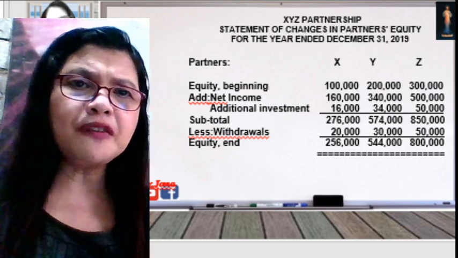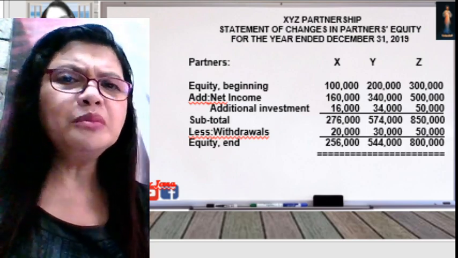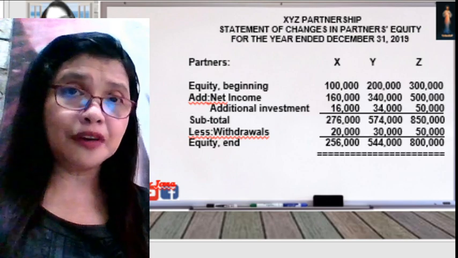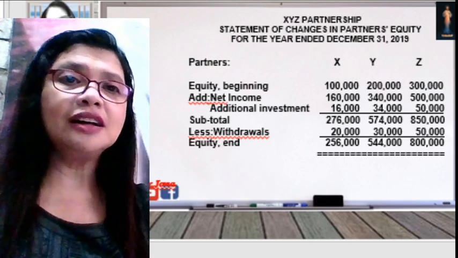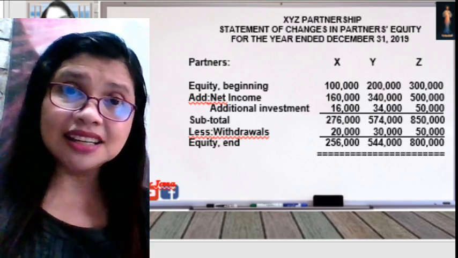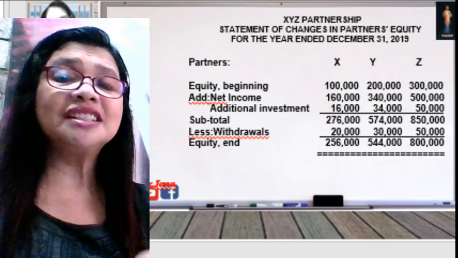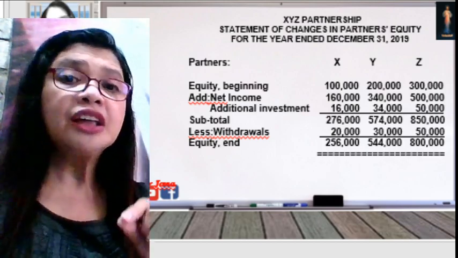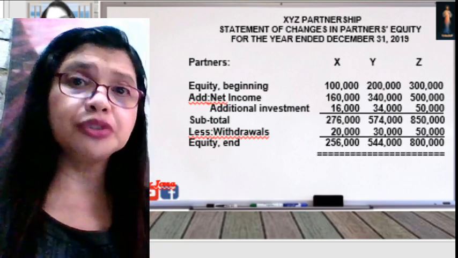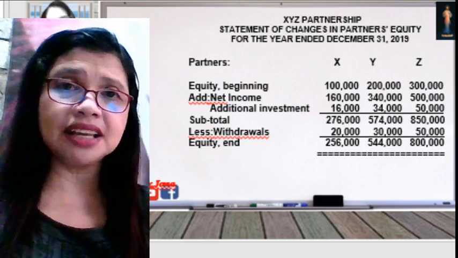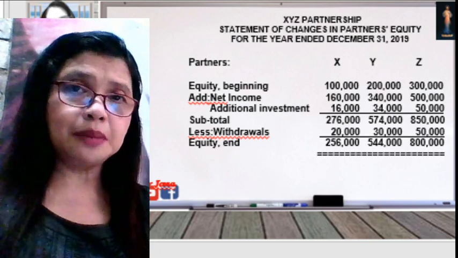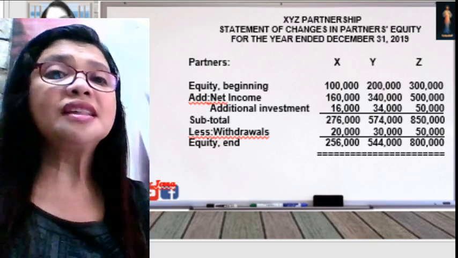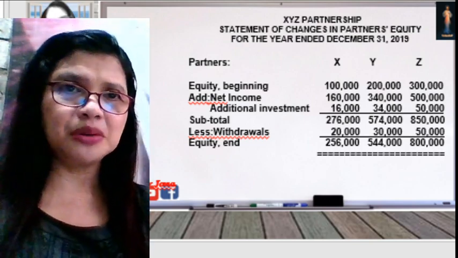So if the profit is 1 million, how much will X get from the profit? So 1 million times 16%. That is why we have 160,000. Then 1 million times 34%, the contribution of Y is 34%. So 1 million times 34% will give you 340,000.